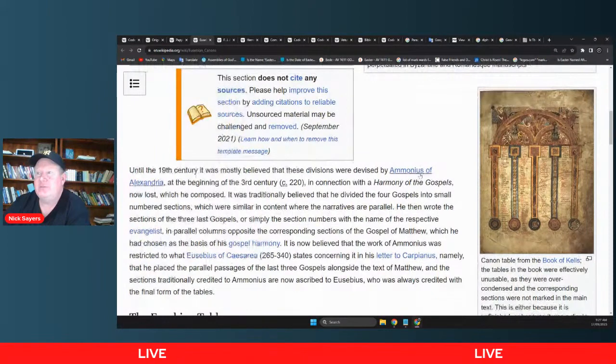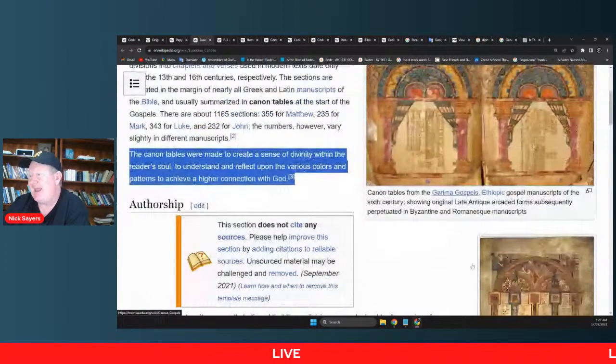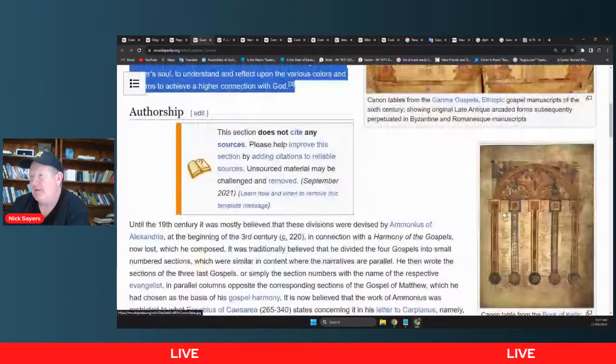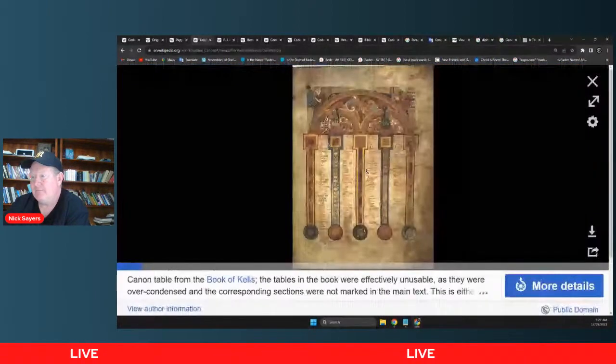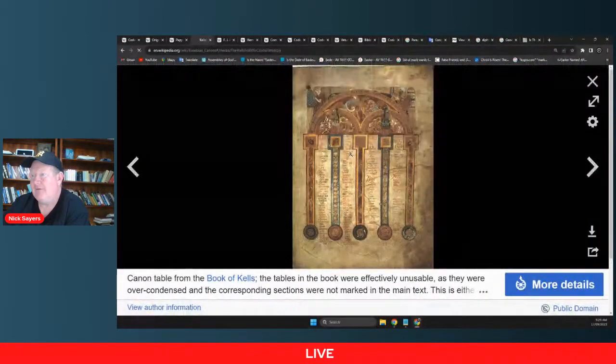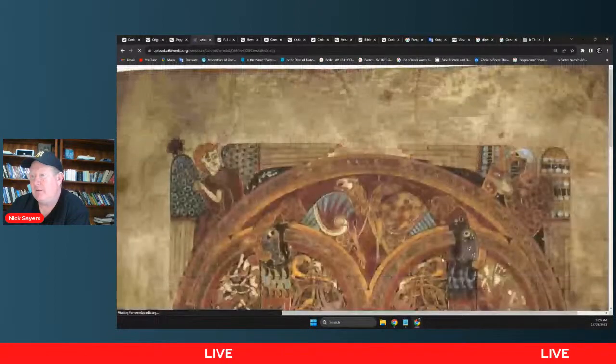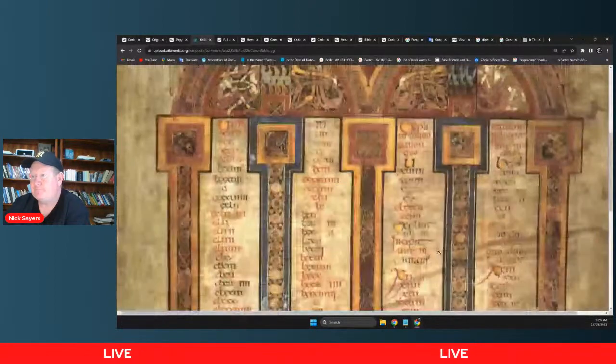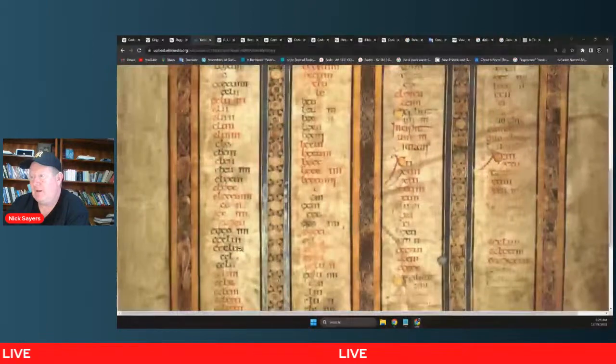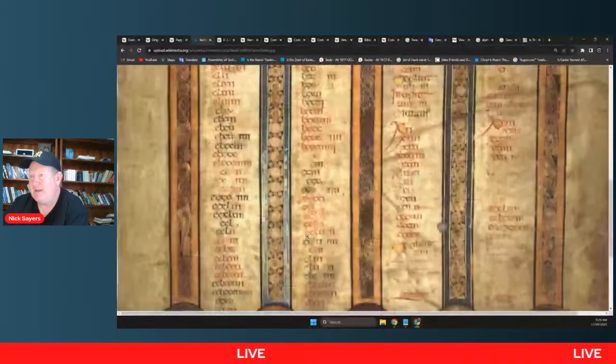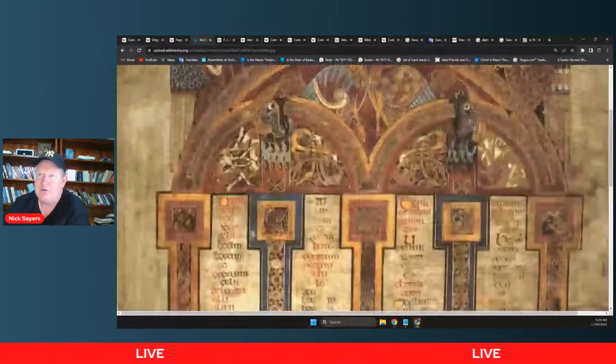So these are basically Eusebian canons. They're written like this. You have it at the beginning of the document, and it's written down to show you what the contents is.